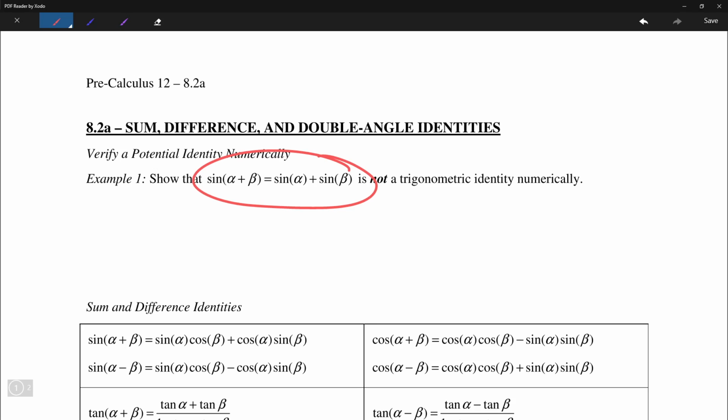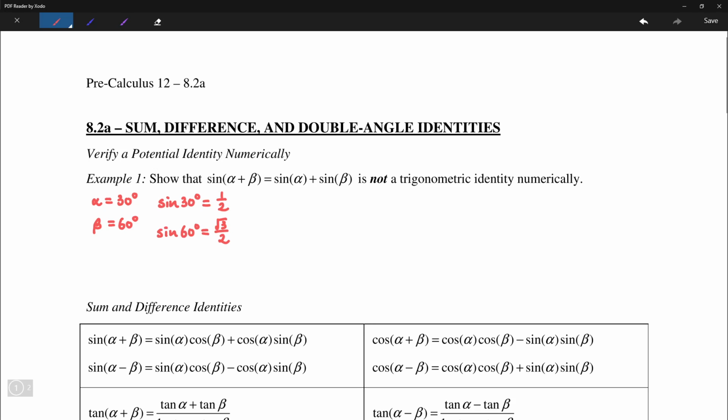we'll show that numerically. So we're going to let alpha be equal to 30 degrees, and beta will be 60 degrees. So as we know from before, sine 30 degrees is equal to 1/2, and sine 60 degrees is equal to √3/2.